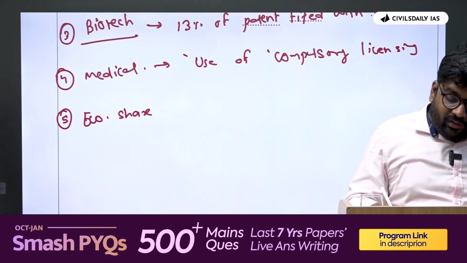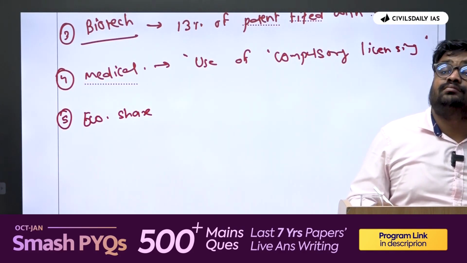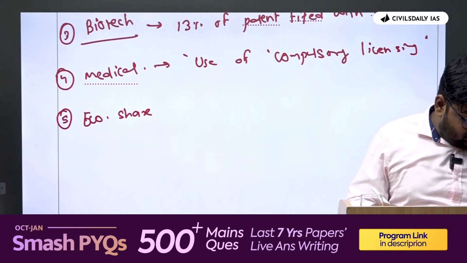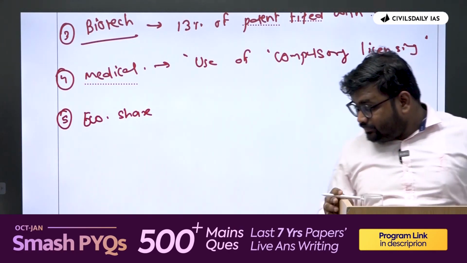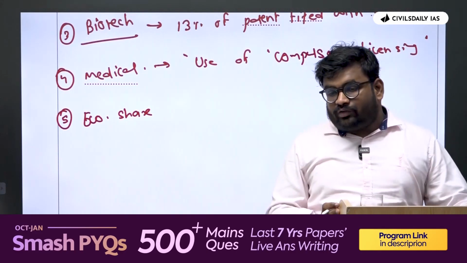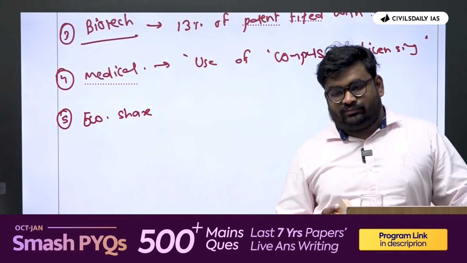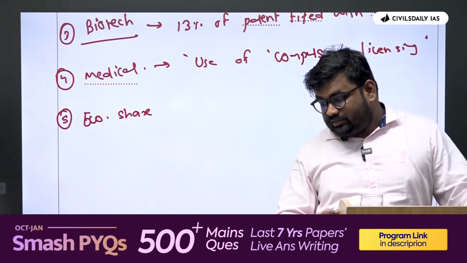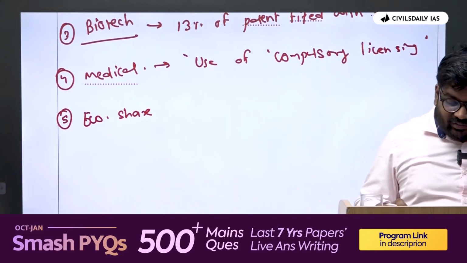What is the example of it? What is the name of it? Where did India use the compulsory licensing? What else? Just search it on Google.